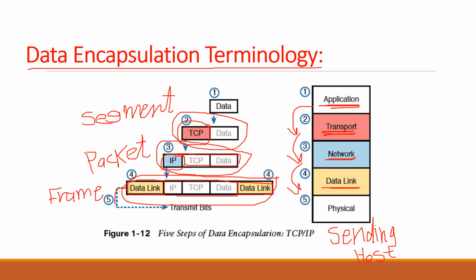And then it is sent to the medium as a binary stream of bits. So those are the 5 steps of the data encapsulation.